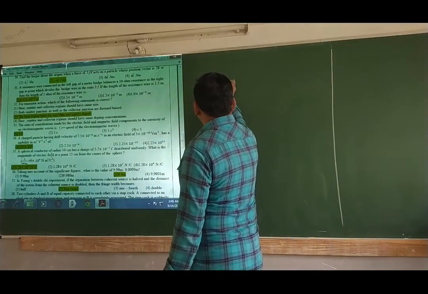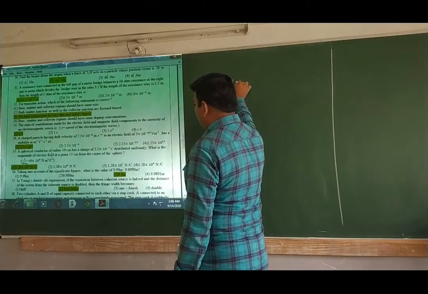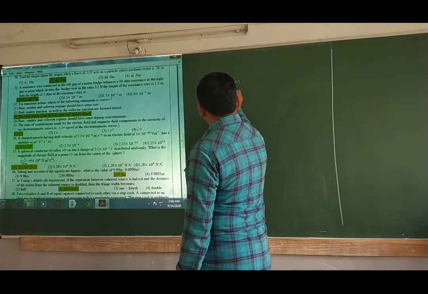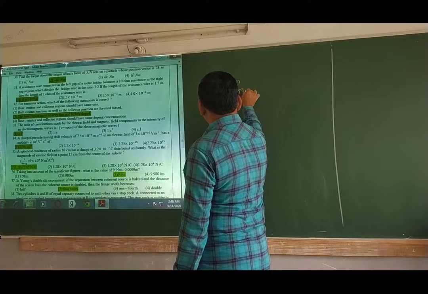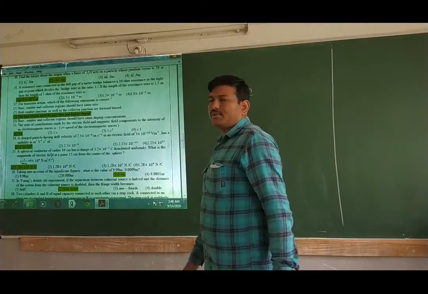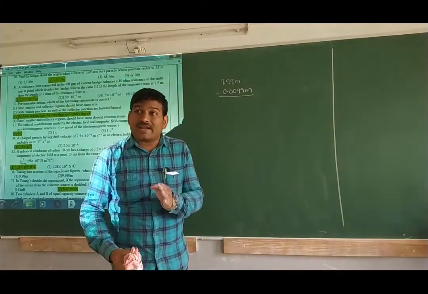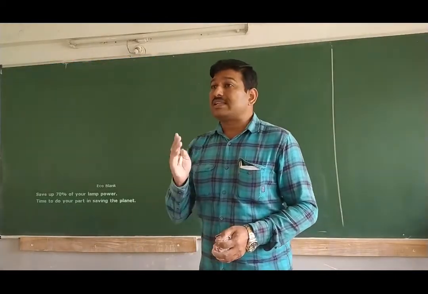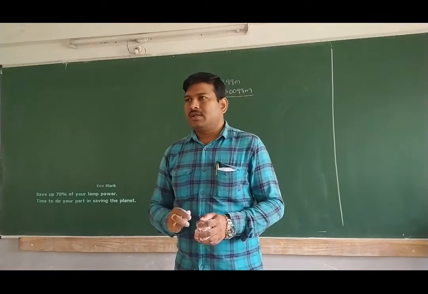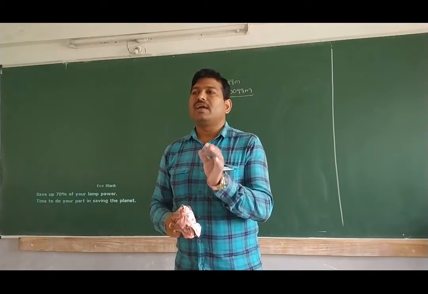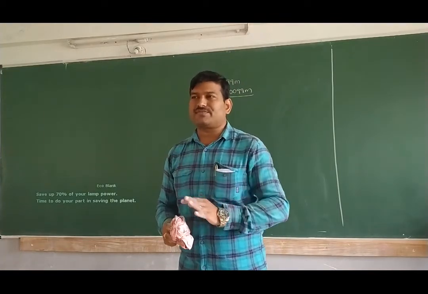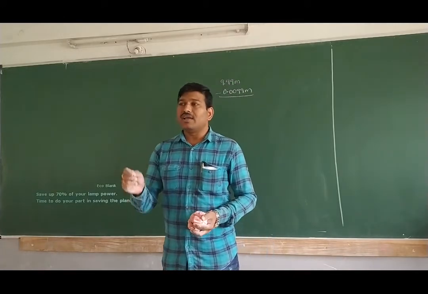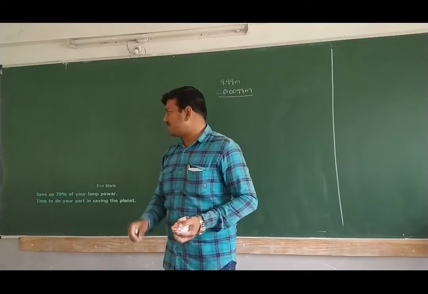So here you must be cautious. While subtracting or while adding, the answer is to be confined to the least number of decimal places. We should not bother about significant figures. The answer should be kept to the least number of decimal points.